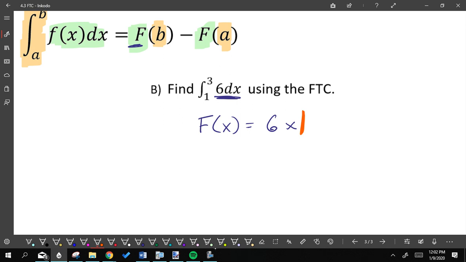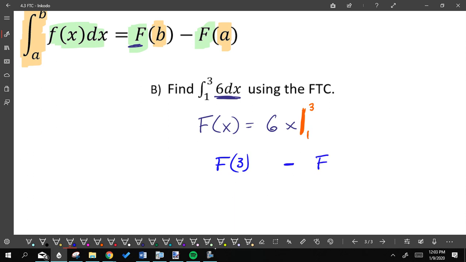So now what we're going to do is find capital F of the upper bound, and subtract from that capital F of the lower bound. Or in other words, 6 times something minus 6 times something. Upper bound is 3.